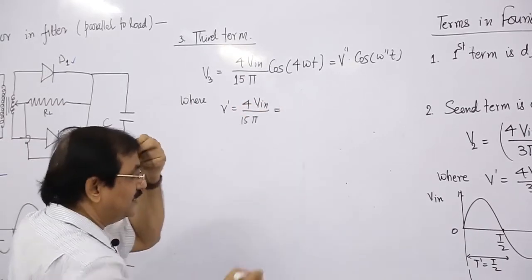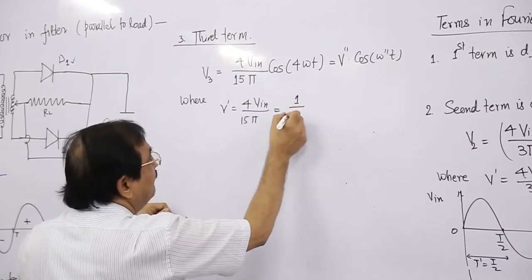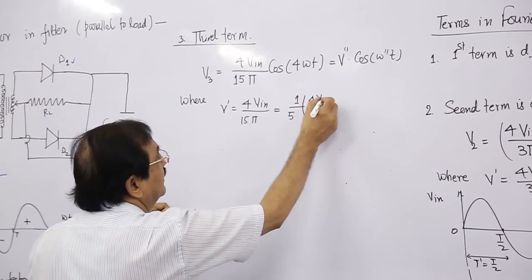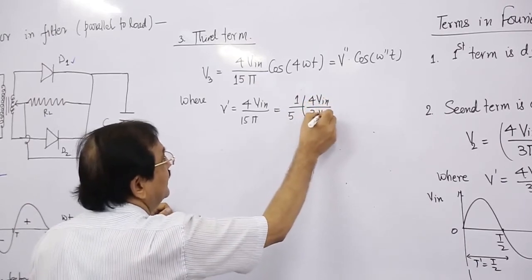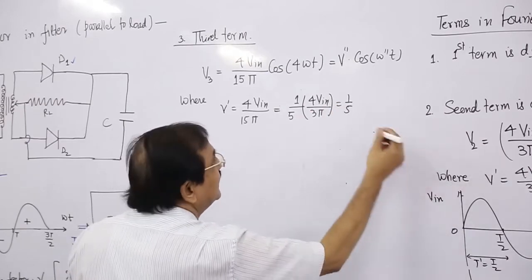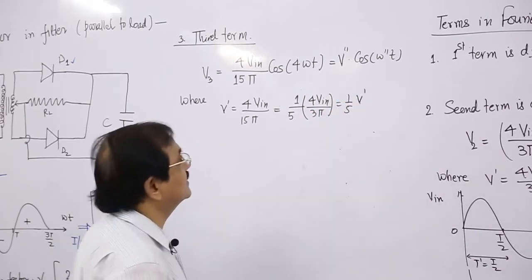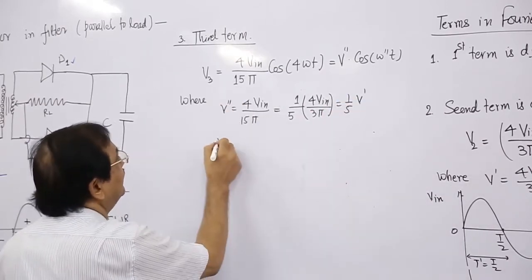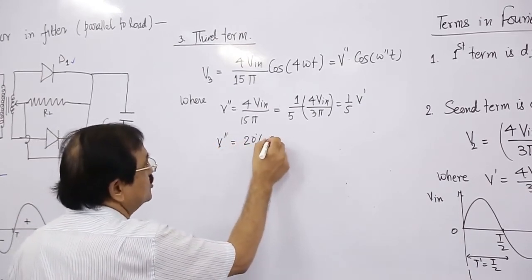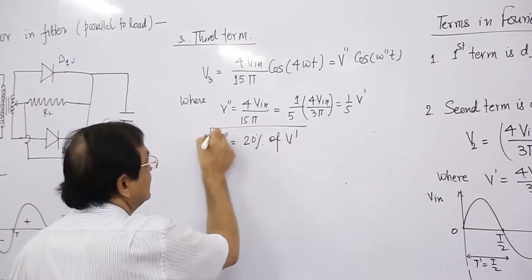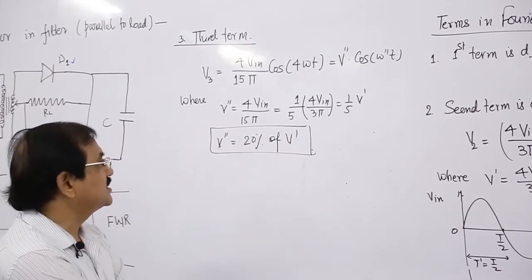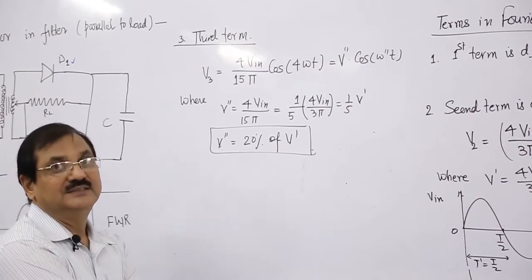This is nothing but 1 by 5 of 4 V in upon 3 pi. This is 1 by 5 of this V dash. So, V double dash is equal to 20% of V dash.